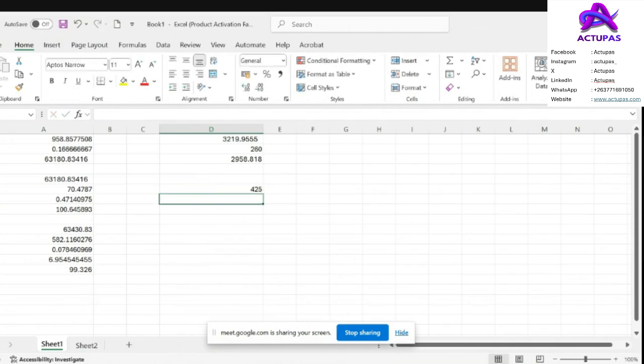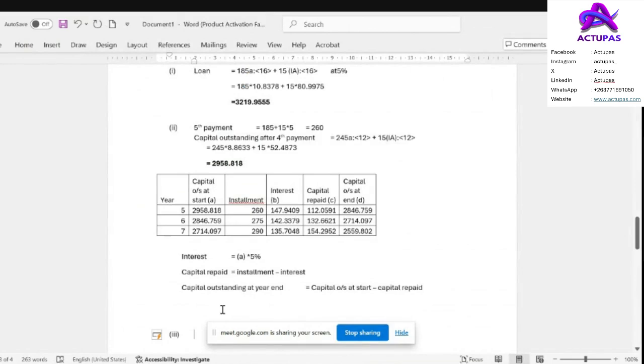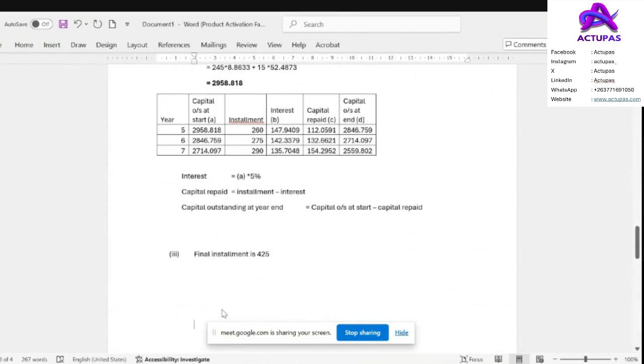So the final installment is 425. And the loan outstanding at the start of that year is just the discounted value of 425.